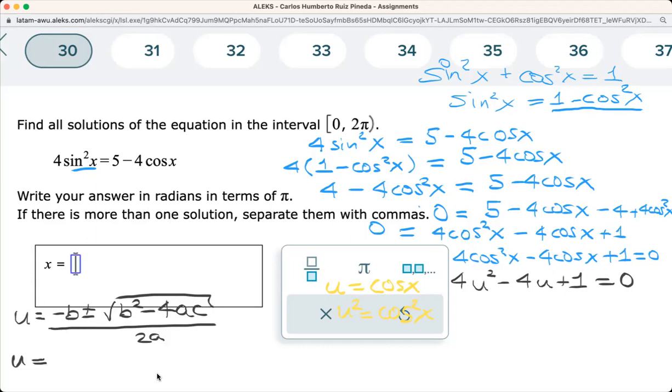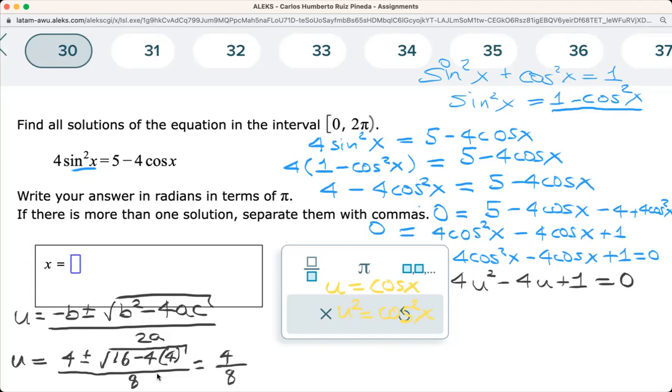So negative b, negative times negative becomes positive 4, plus or minus the square root of b squared, negative 4 squared, 16, minus 4ac. a times c is 4 times 1, 4. And this is divided by 2 times 4, 8. So this becomes 4 plus or minus the square root of 16 minus 16. This is 0, so we have nothing here. And then divide by 8.